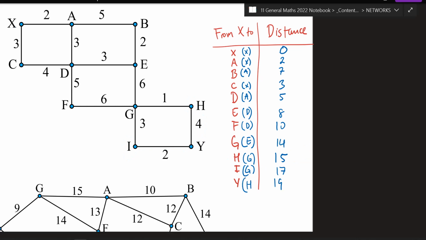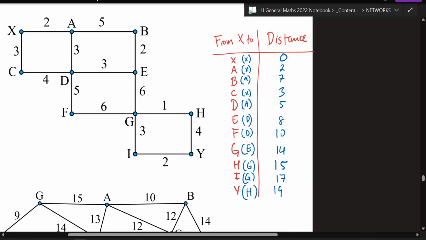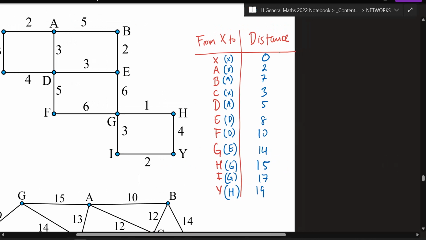But if I come from I, it's already 17 at this point, and I just need to add another 2. So it's also 19. So at the end of the day, it doesn't really matter if you come from I or H in the end.